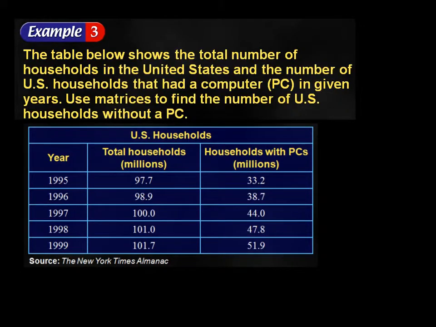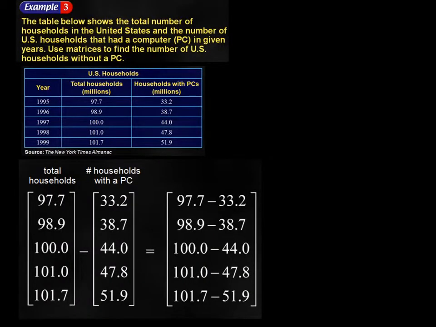The table below shows the total number of households in the United States and the number of U.S. households that had a computer, PC, in given years. Use the matrices to find the number of U.S. households without a PC. Hey, notice we did not use the years when we made our matrices because the data isn't necessary.